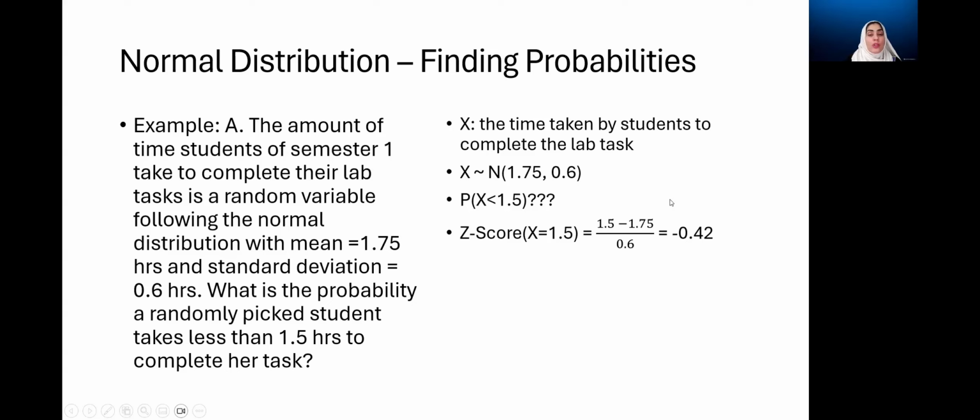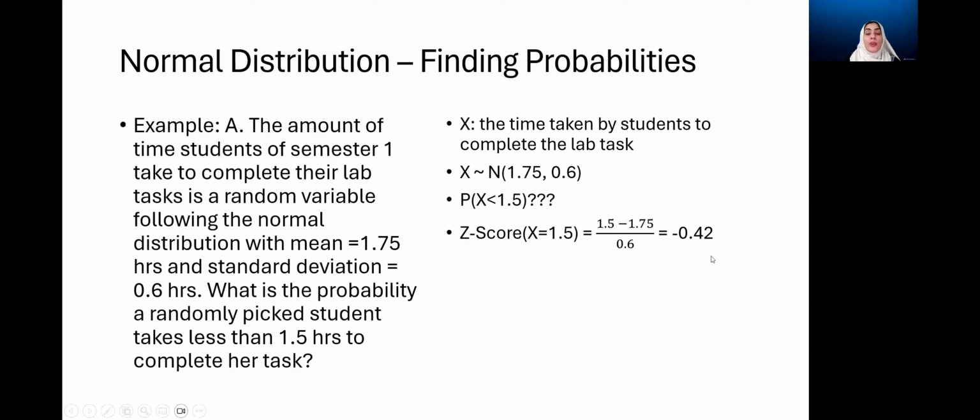The z-score expression, you're going to see very frequently in the coming lessons also, because it will be used in many of the calculations that we will be doing. So here we have x, which is 1.5, minus mu, which is 1.75, divided by sigma, which is the standard deviation. X minus mu over sigma is the expression which converts an x value into its corresponding z-score.